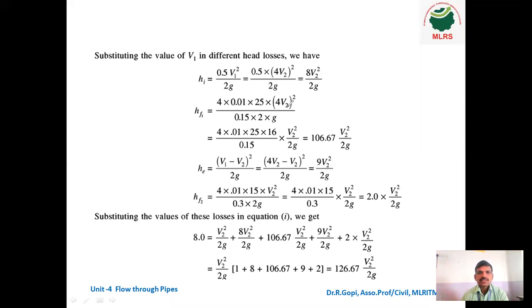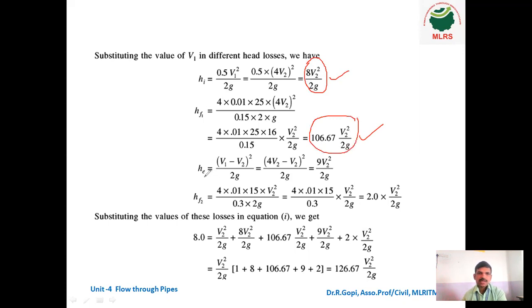V1 we substitute in terms of V2, so 4 V2 square divided by 2G D, where D is 0.15. Now substitute all the values. We get 106.67 V2 square divided by 2G. You can see this term is also in terms of V2.